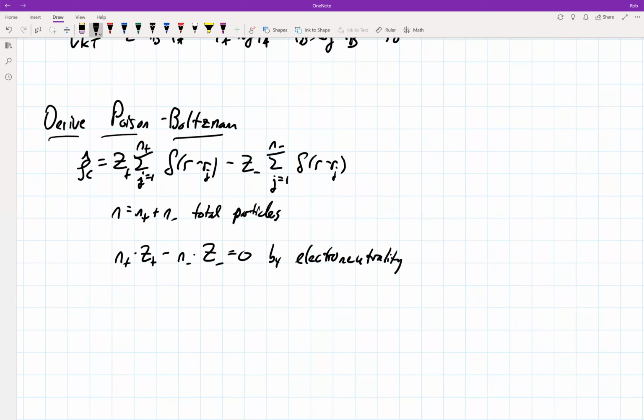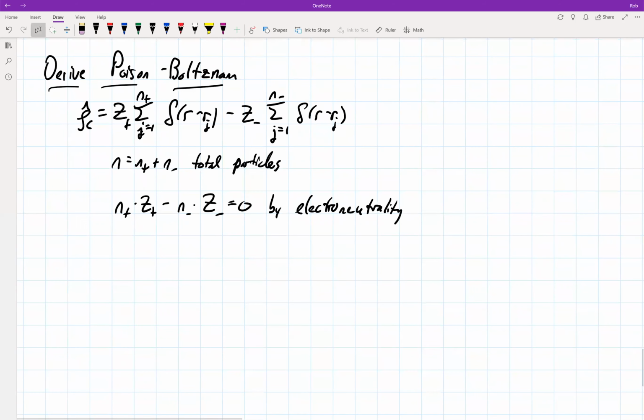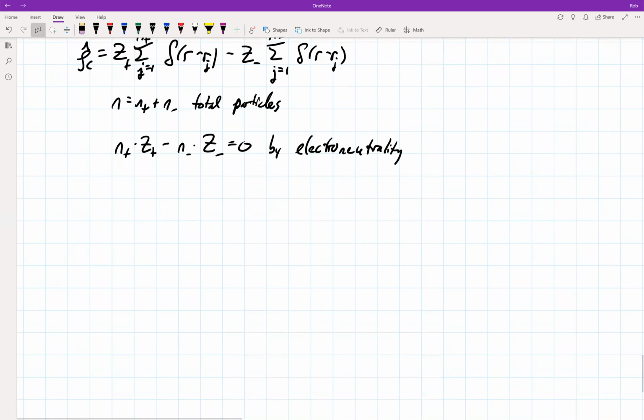And again, remember that Z plus and Z minus are the magnitudes of the charges, and so they are unsigned numbers. All right, and we're going to take all the interactions using the full-blown Coulomb's law.